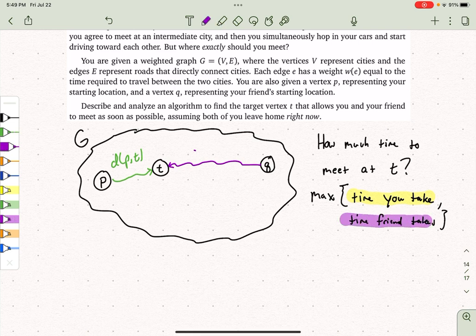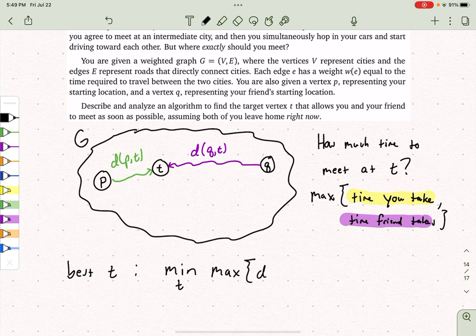Well, that's just the shortest path from Q to T. So assuming you have those both computed for all T's, then for the optimal solution, the best T, we're just going to try them all. So it's just the minimum over all T of the maximum of the distance from P to T and the distance from Q to T.